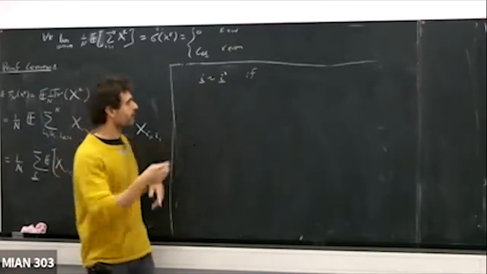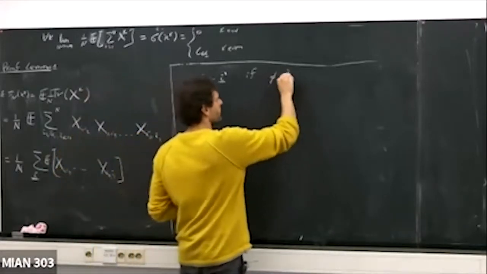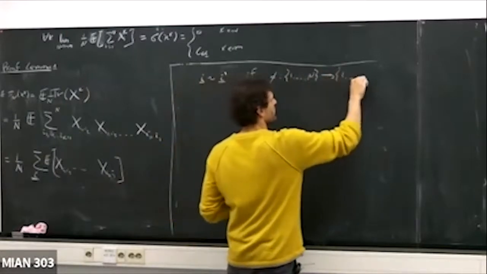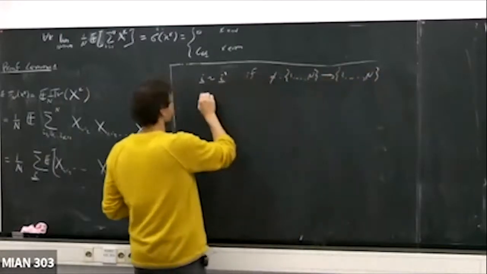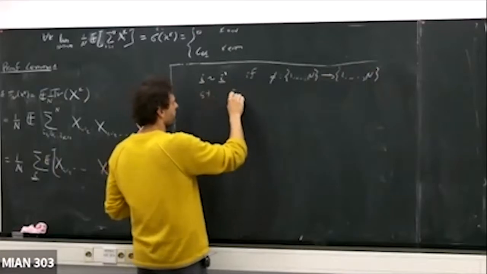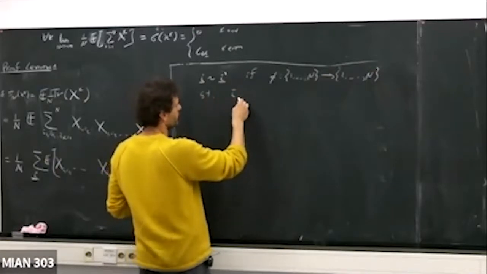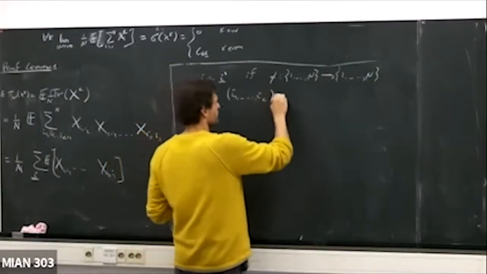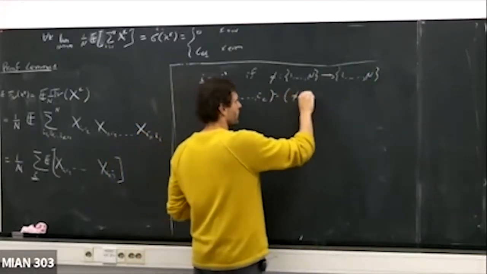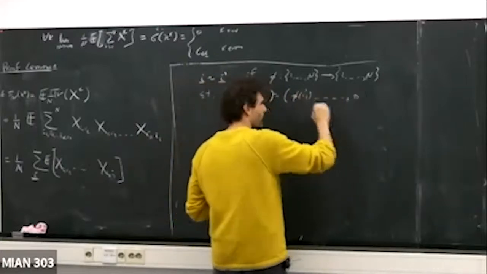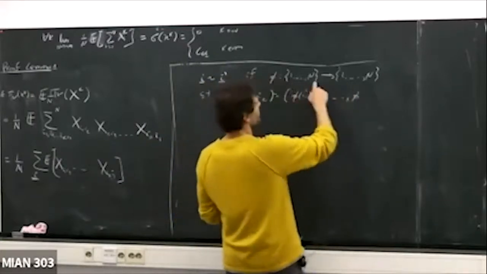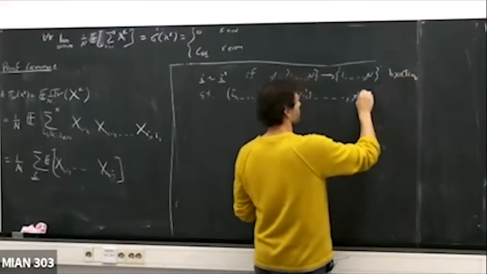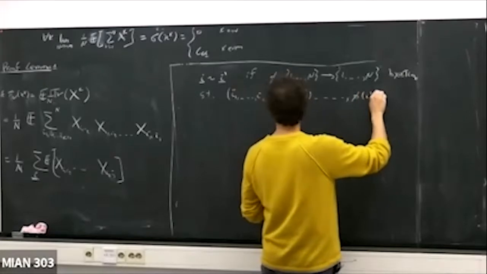So if there is a map phi from 1..n to 1..n, a bijection, such that I1 up to Ik is equal to phi of I1 prime up to phi of Ik prime.